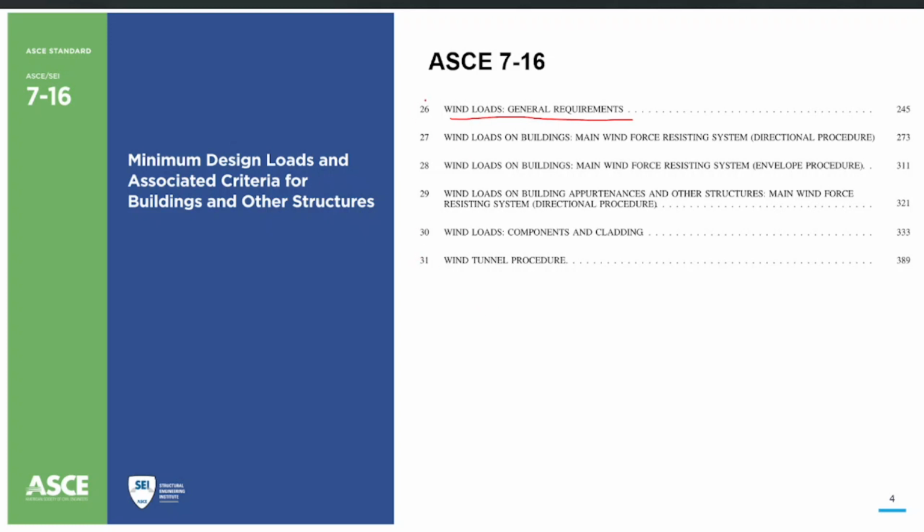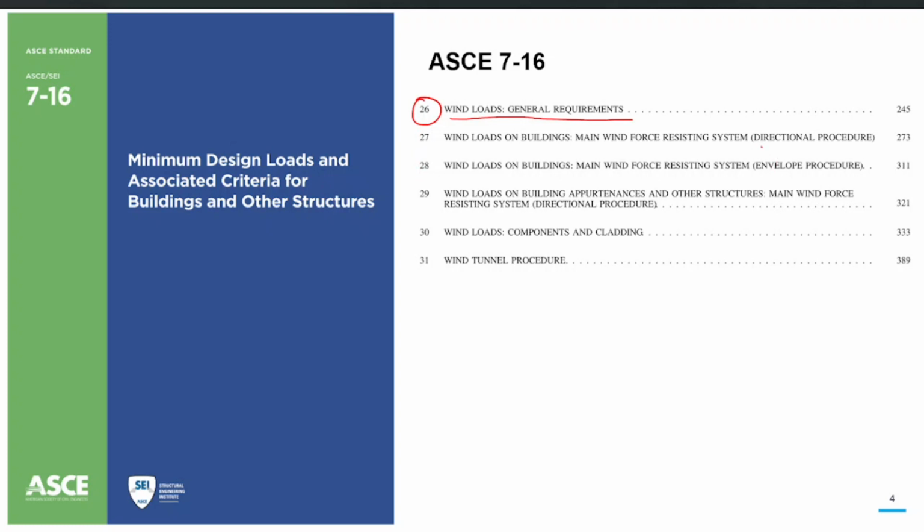So, chapter 26 starts with basically setting the general requirements for wind loading, how you obtain the equivalent static wind loading for wind analysis. The basic parameters will be coming from chapter 26. Then 27 and 28 actually propose two different equivalent static wind procedures.